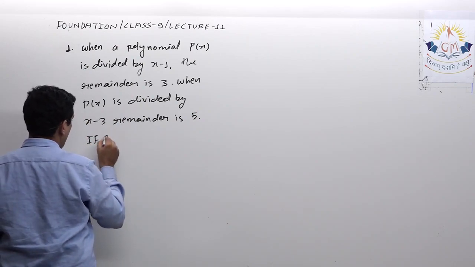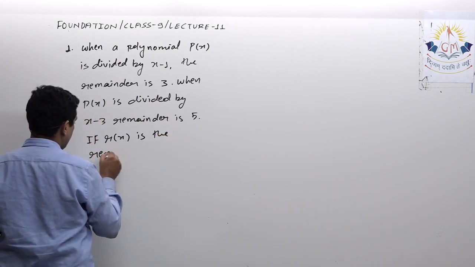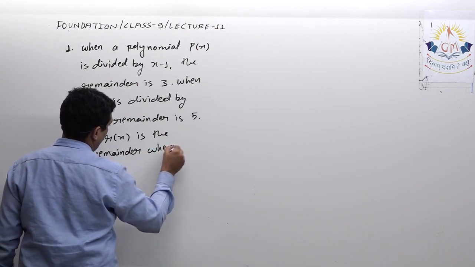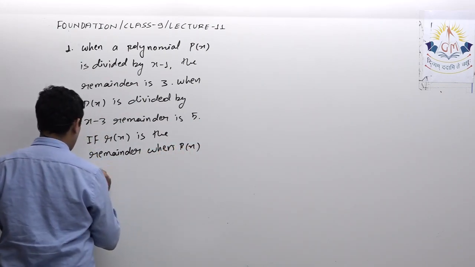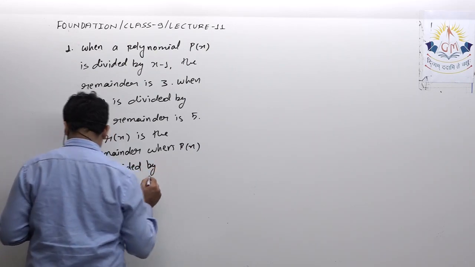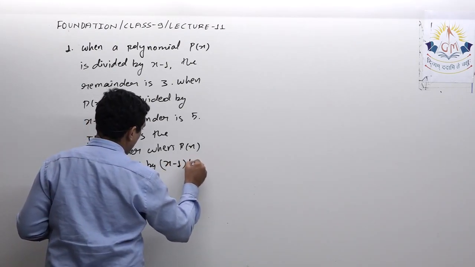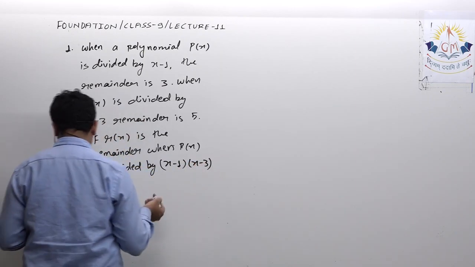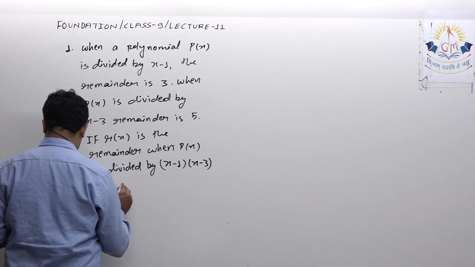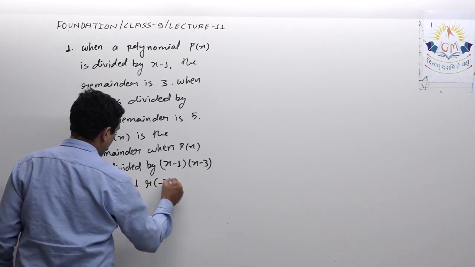If R(x) is the remainder when p(x) is divided by (x minus 1)(x minus 3), then find R of minus 2.